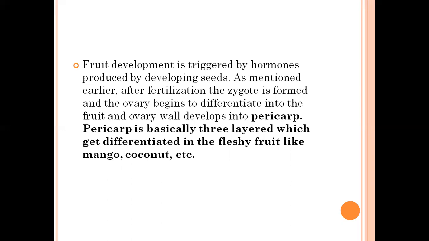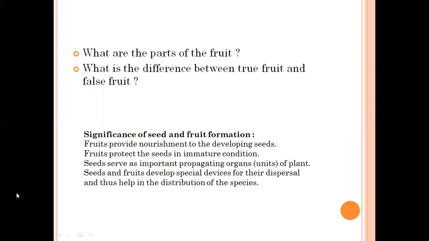Now, pericarp is basically a three-layered structure. In the mango, we have seen this pericarp is divisible into three layers: outer epicarp, middle mesocarp, and inner endocarp. It gets differentiated in fleshy fruits like mango and coconut. We have seen that diagram. Next, what are the parts of the fruit?